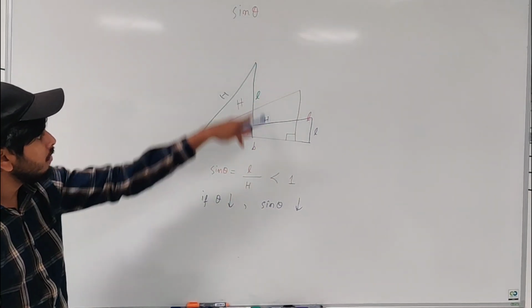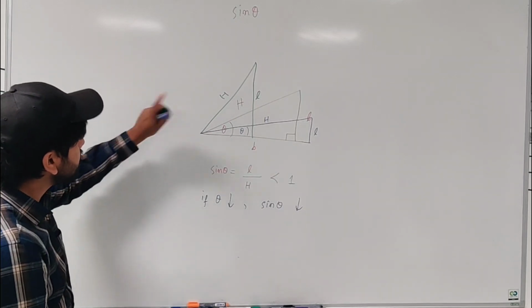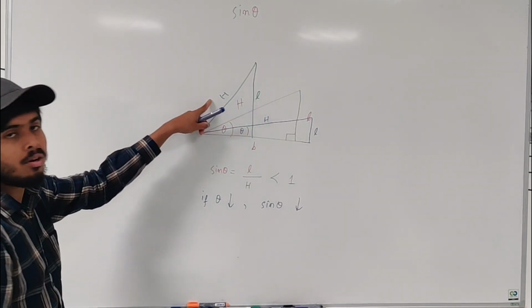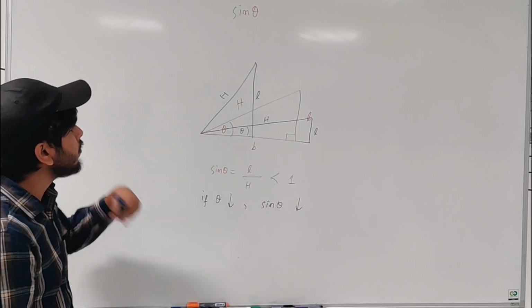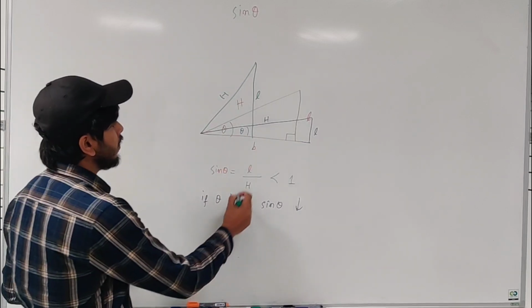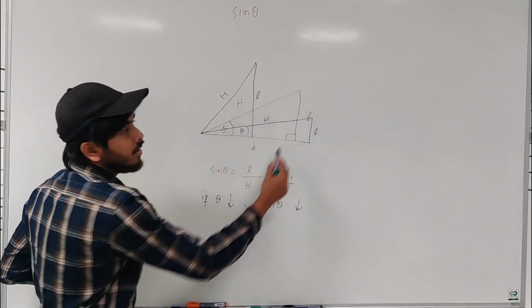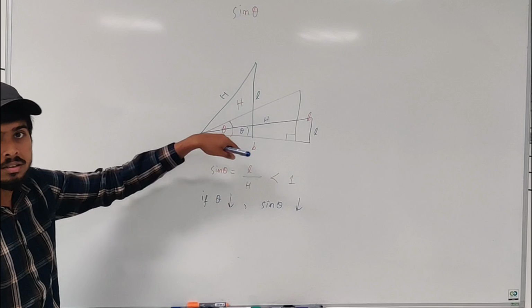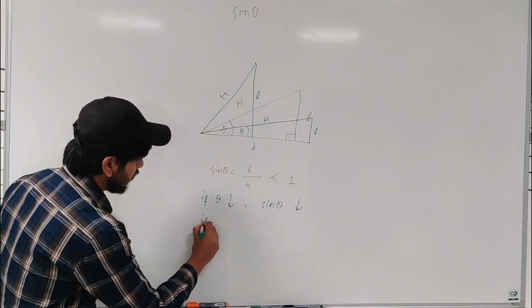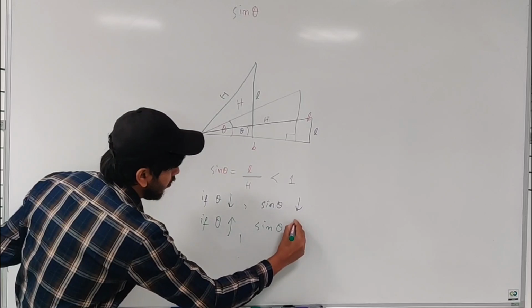The normal line L has increased. But still the value of L is smaller than capital H. So the value of sine theta for the green triangle is still less than 1, but it's more than the case for the red triangle because L has increased. So if we increase theta, sine theta also increases.